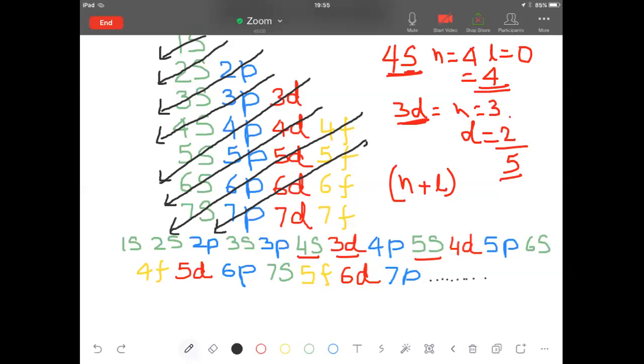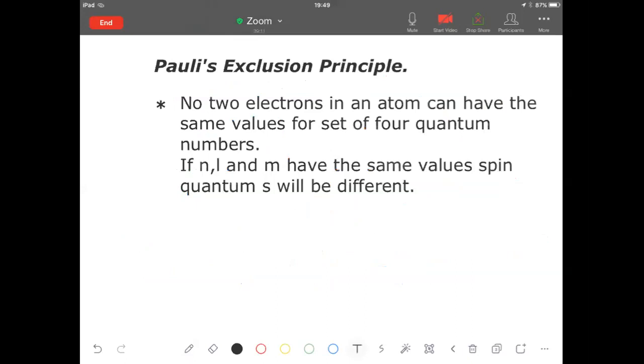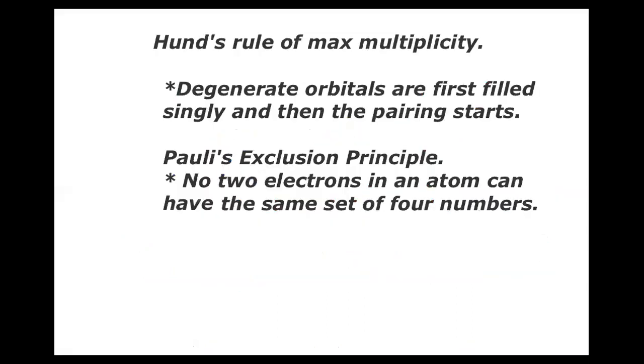All right. The next important thing that you have to study in the filling up of the electrons, let us see which one we'll do first. First, we'll do Hund's rule of maximum multiplicity. Now, what happens in Hund's rule of maximum multiplicity is a little more detailed: degenerate orbitals are first filled singly and then the pairing starts.